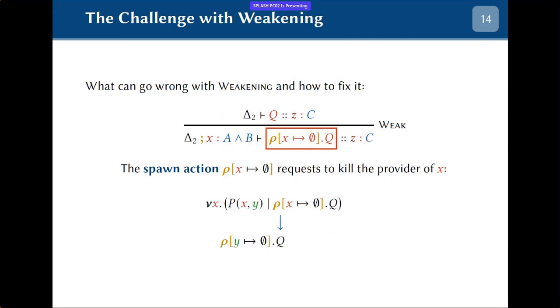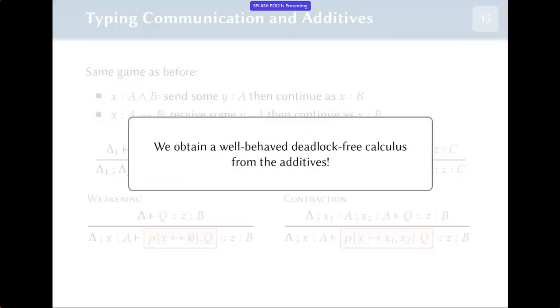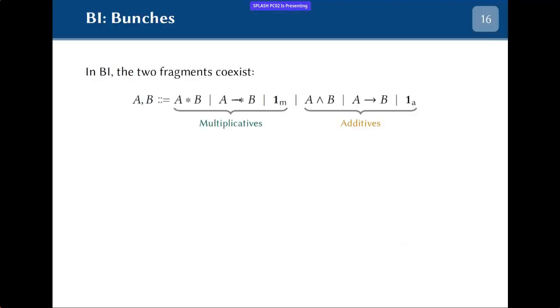And of course, it would also work recursively if that provider had dependencies. So we end up with an interpretation like this, and we prove that this fragment, this calculus is well-behaved, deadlock-free, and we get it from the additives.